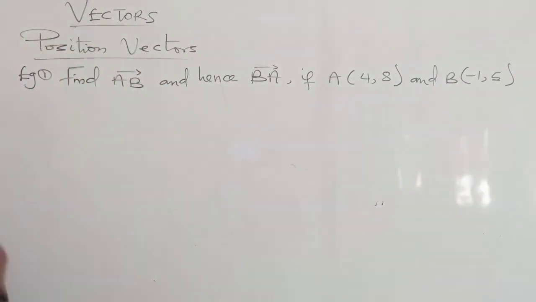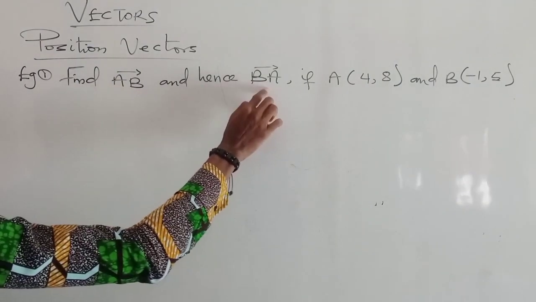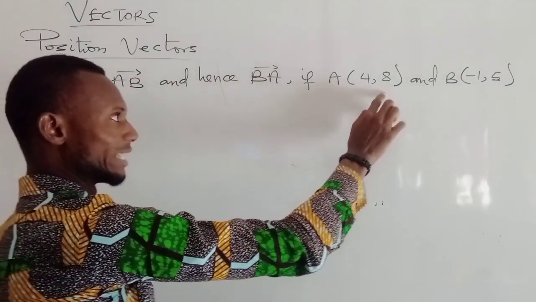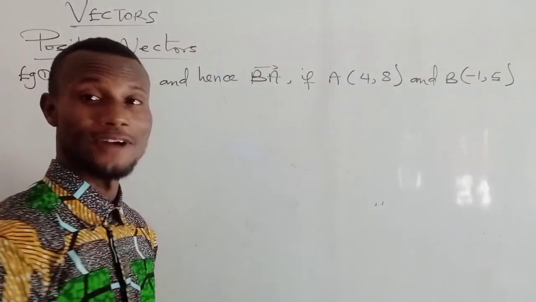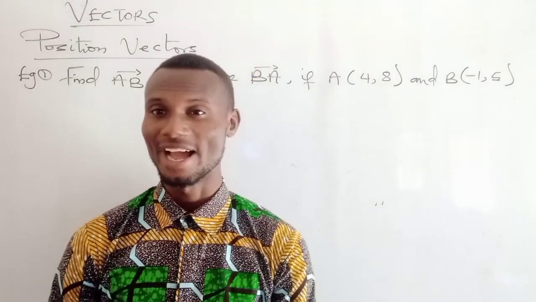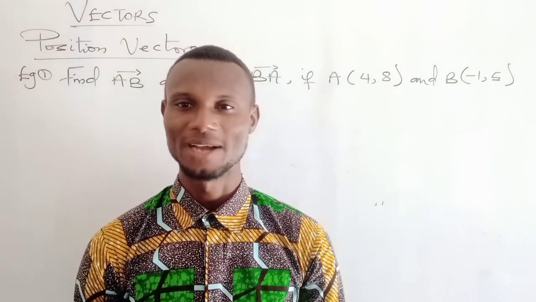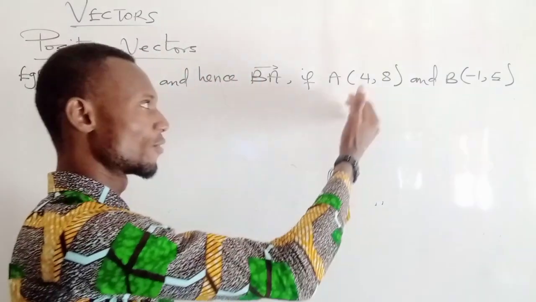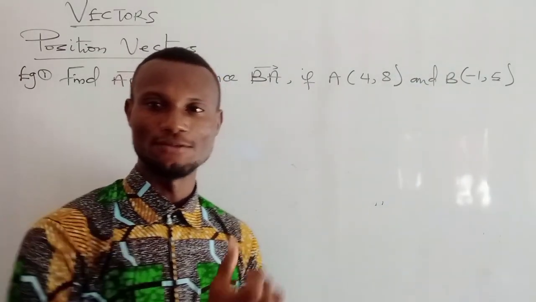The question says that we should find vector AB and hence vector BA if A is given to be (4, 8) and B is given to be (-1, 5). So the question is asking us to find the vector AB and hence proceed and find the vector BA as well, given the point A to be (4, 8) and the point B to be (-1, 5).